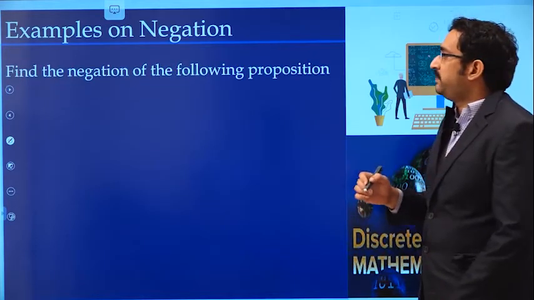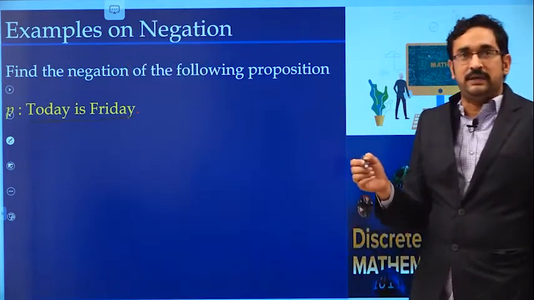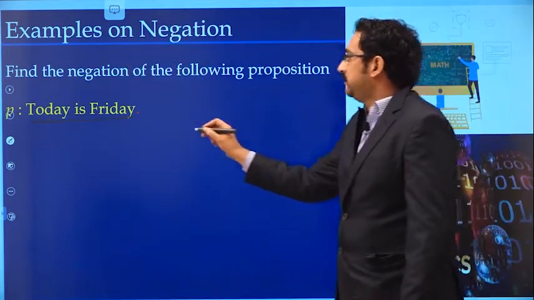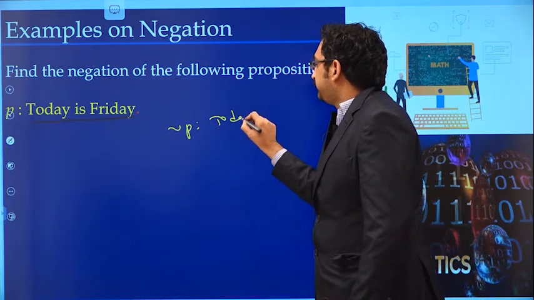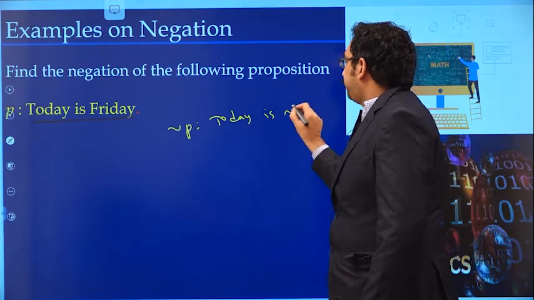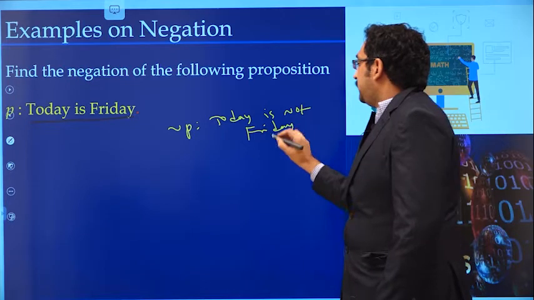See one example on the proposition. Here, the statement is today is Friday. For this we have to take the negation. So negation P can be represented as today is not Friday. That is one method.